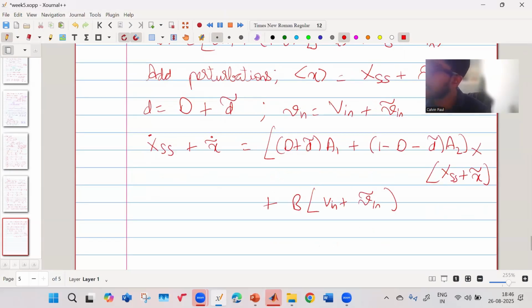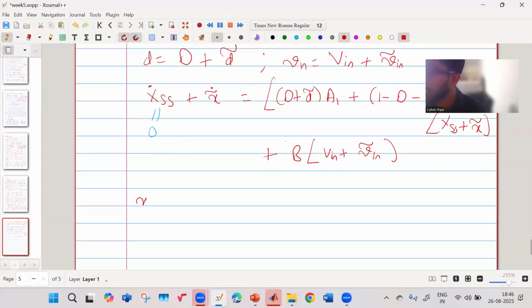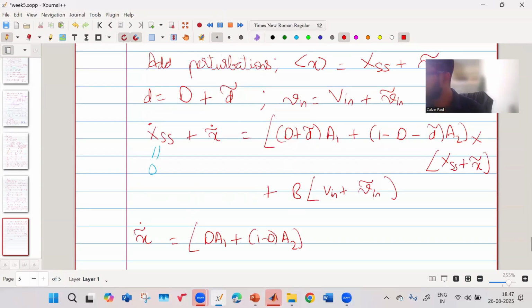Now x steady state is a DC value, so its derivative is 0. So what we get is x tilde dot, that is equal to d into a1 plus 1 minus d into a2, right? When we do this, and we have d perturb into a1 minus a2.